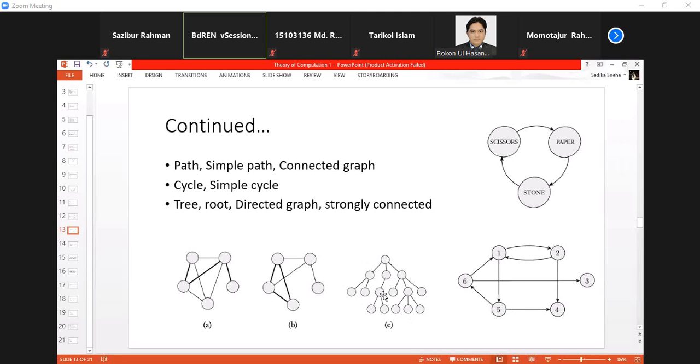Tell me the characteristic that makes this graph a tree, unlike those others. As this course will have analytical questions, this is an analytical format of question. Tell me how this graph C is different from the other two.